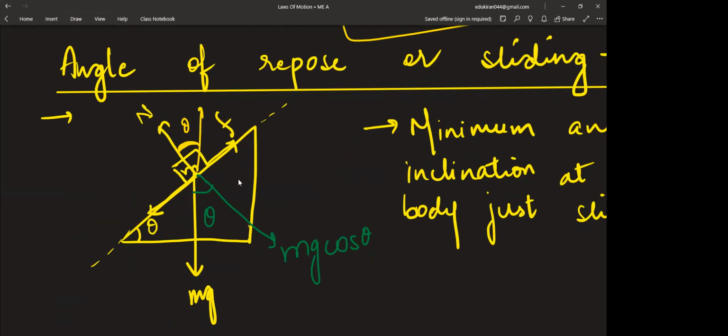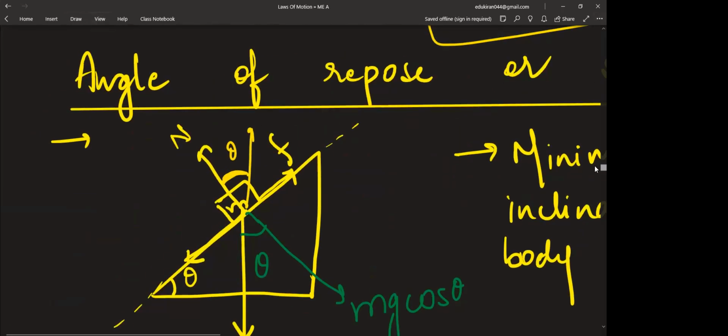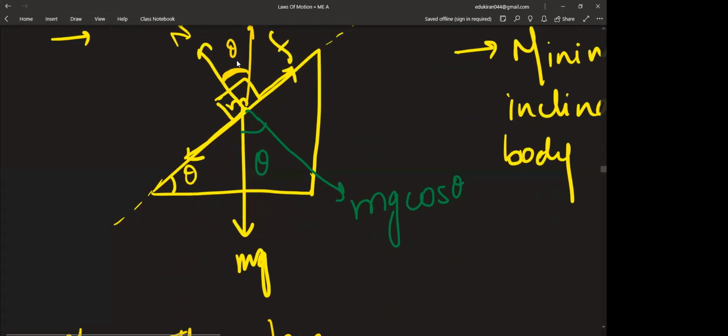Now in this case, since the body is inclined at some theta angle, this mg is acting downward. So you have mg cos theta. Why? Because this is theta. Look, this is 90 degrees, so it will be 90 minus theta.